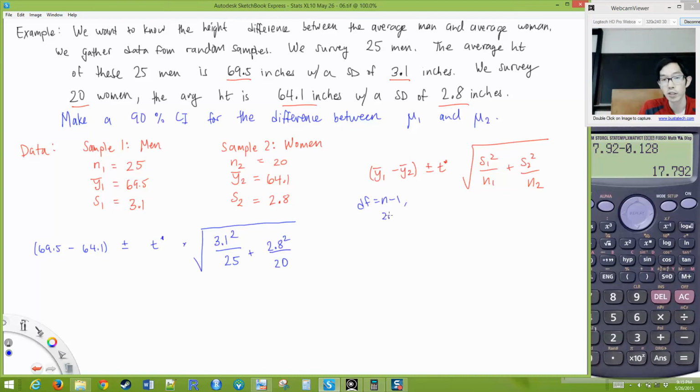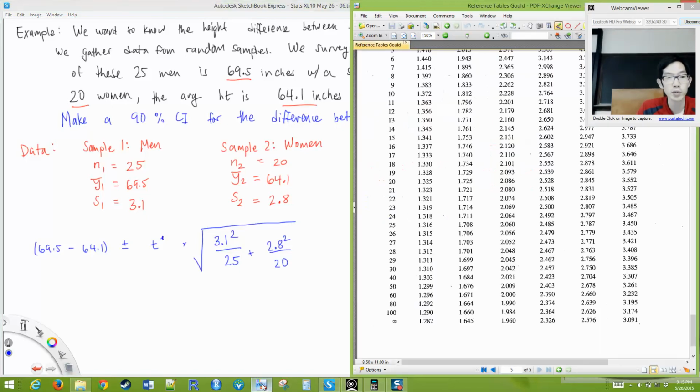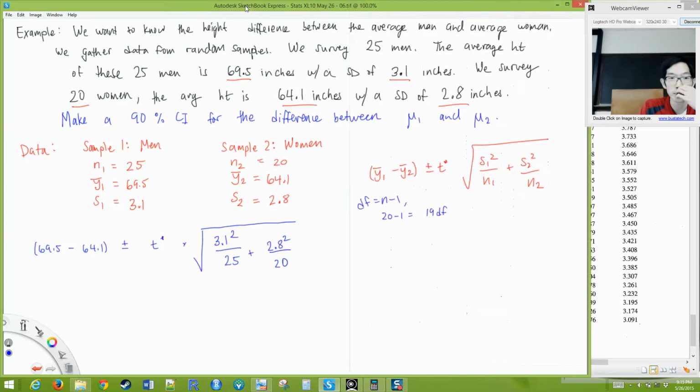Is that okay with everyone? You have n1 and n2, you just use the smaller one, n minus 1. 19 degrees of freedom, 90% confidence. What do I have? 1.729, right? So t star is going to be 1.729. Is that okay?